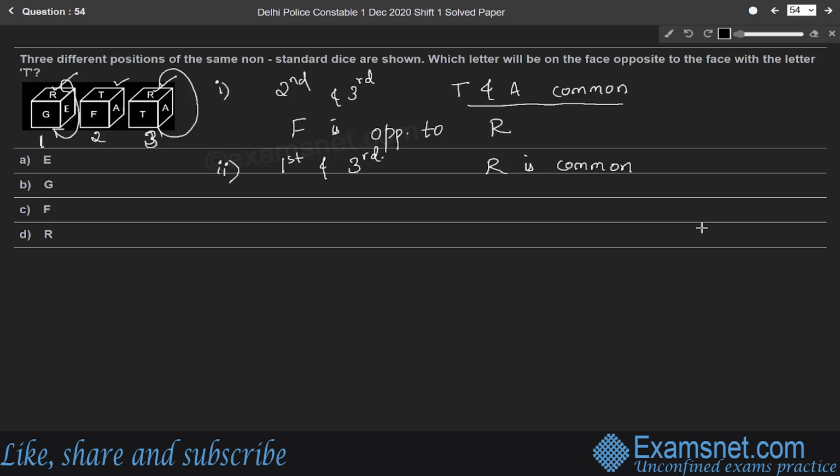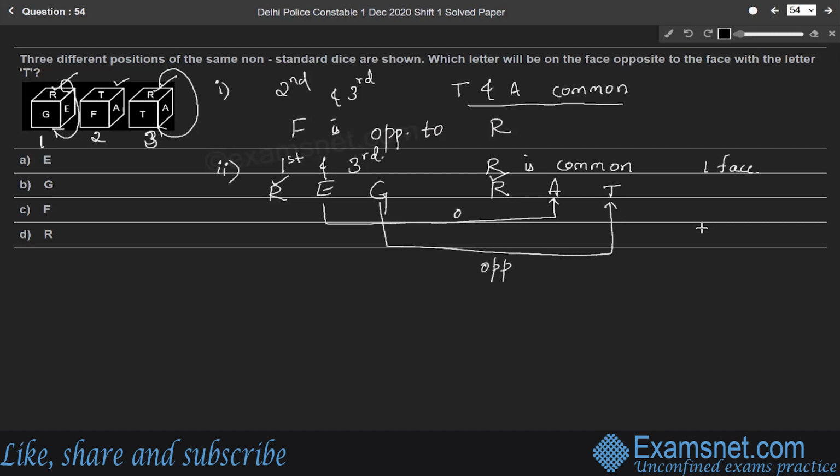That is, position R first, then E, then G. So the face R, then A, then T. So here R is common. If we write the faces in clockwise sequence where one face is common, then the second face will be opposite to the second face of the next dice. And third face will be opposite to the third face of the next dice.